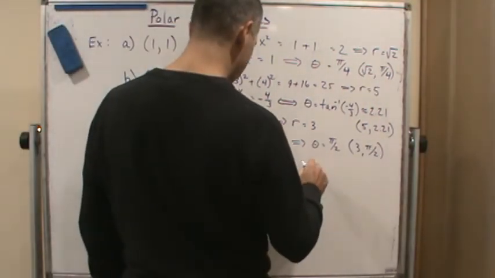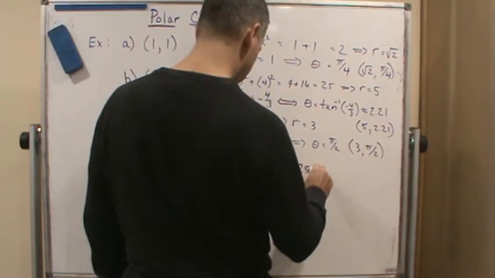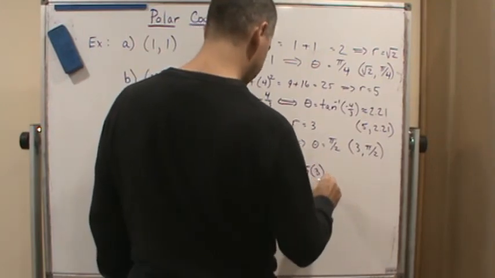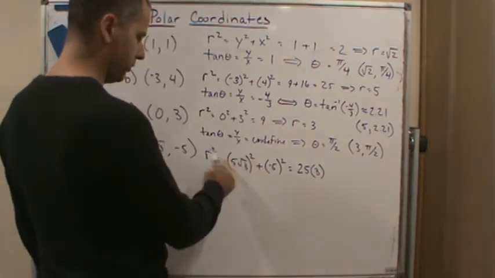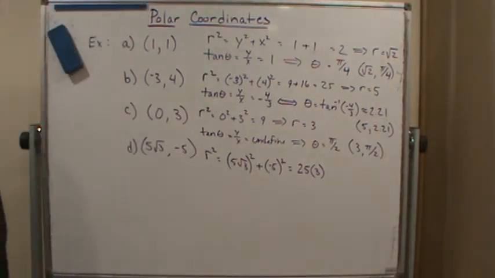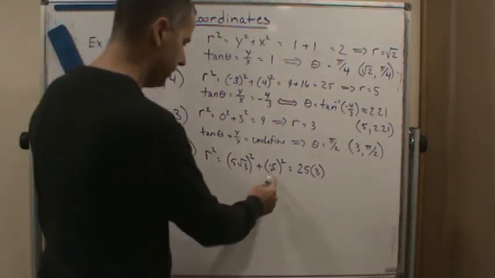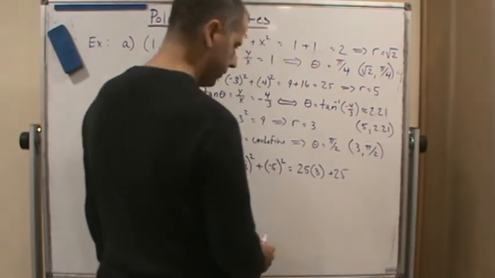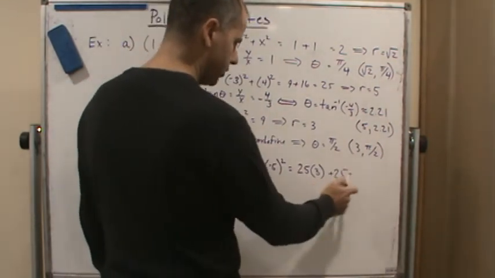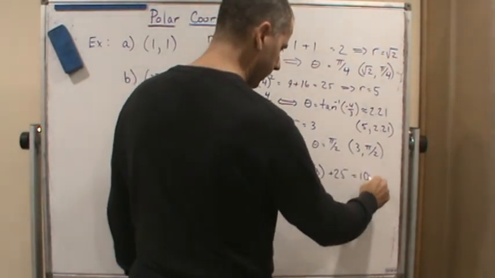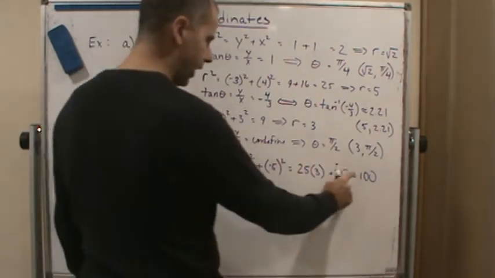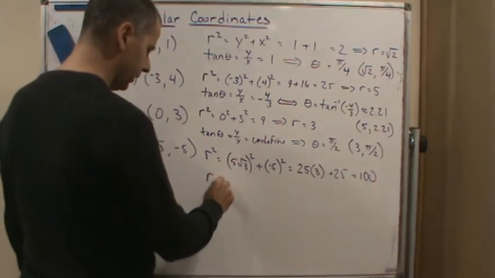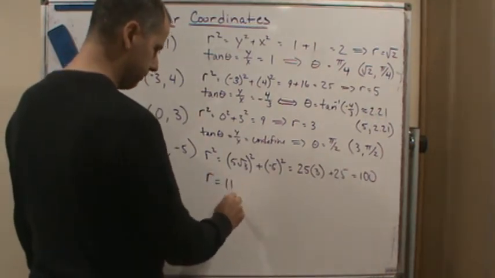So this is going to equal 25 times 3, because we're going to distribute the square. And then this is going to give us 25. So this is going to give us 75 and 25, which will equal 100. So r squared equals 100, which means r equals 10. Oops, not 11.